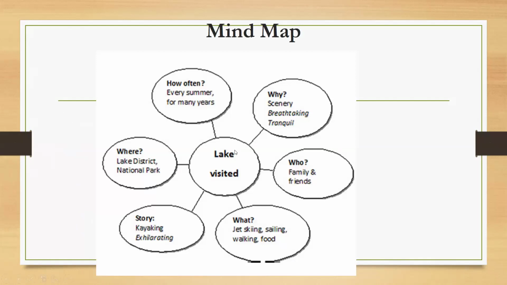So the central theme, lake visited. For him, he chose lake visited, which is fine. You can choose river visited, you can choose any other from that central theme. Now, look at his style. He placed the central theme in the middle of the map with branches, and each branch a key theme we want to talk about.